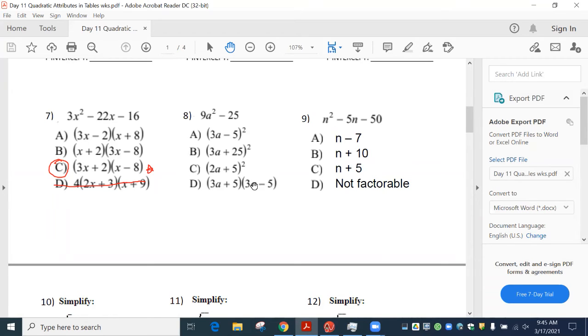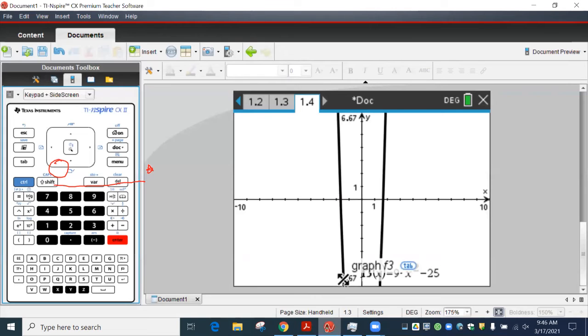So I want y'all to type in D and see if D works. Now, in the end, if you don't understand what I'm saying, you can just start typing them all in. You know that'll work. But I want you to see how you can make your life a little bit easier. Just to make sure y'all understand, it's where it touches the x-axis. It touches on the positive side and on the negative side. So that means one has to have a plus, one has to have a minus.